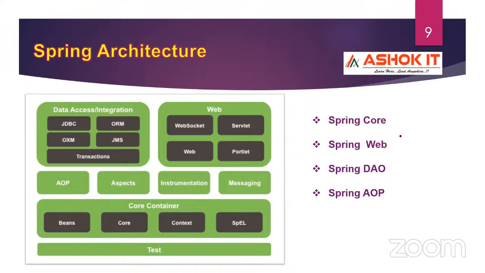Core module is the base module for every other module. Web module is used for developing web applications in the Spring framework. DAO module is used for saving and retrieving data from the DBs. And the next one is AOP, aspect oriented programming, which is suitable for applying the middleware services to the business methods in an efficient manner. Shall we get into the next slide?